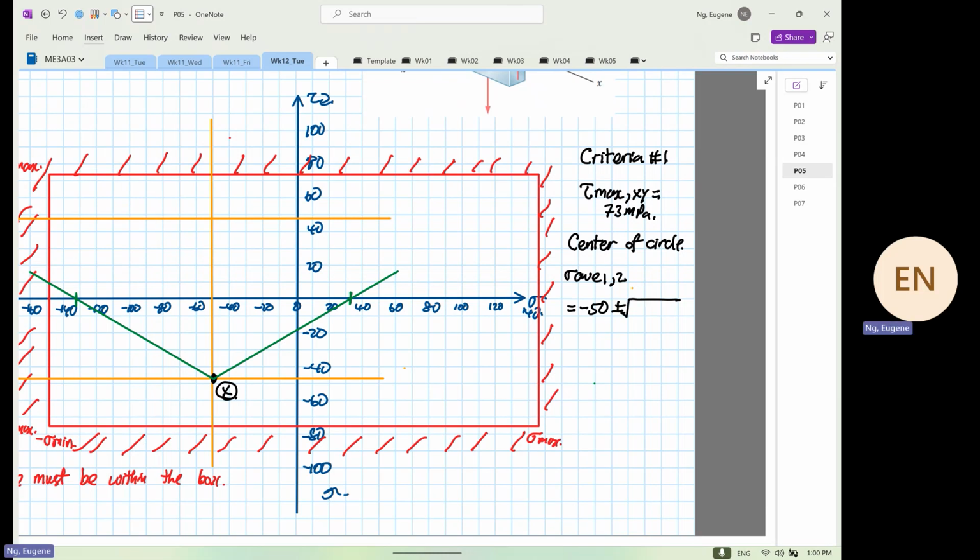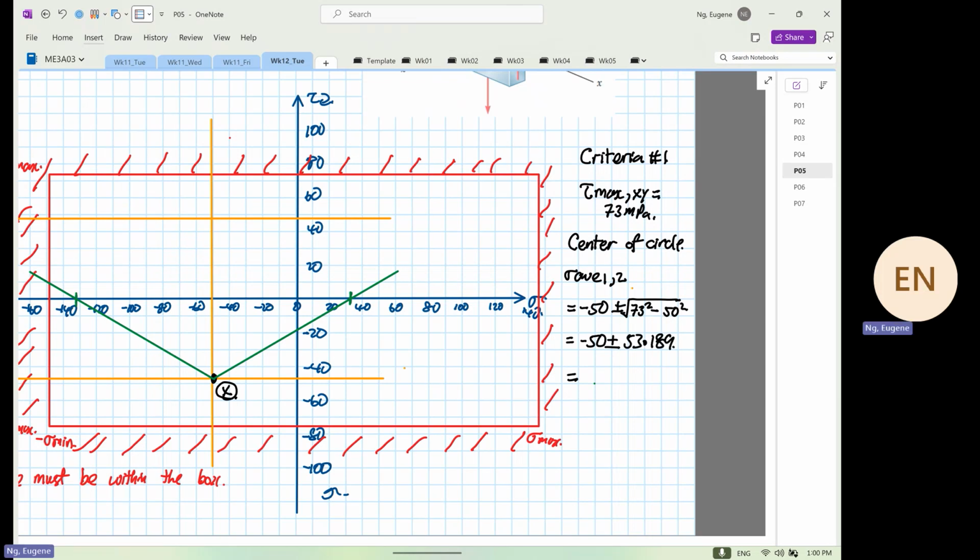Plus minus of, we know the radius is what? 73 squared minus 50 squared. So this will be equal to minus 50. Bear with me, okay? Some of you will ask why this is the case. 73 squared minus 50 squared, square root the whole thing is equal to 53.189.